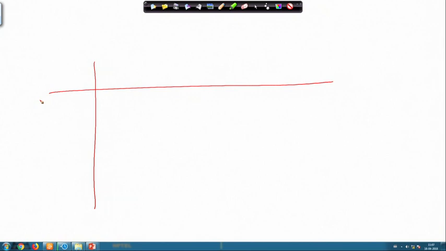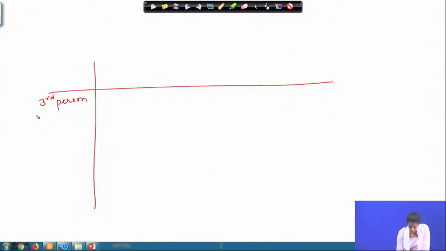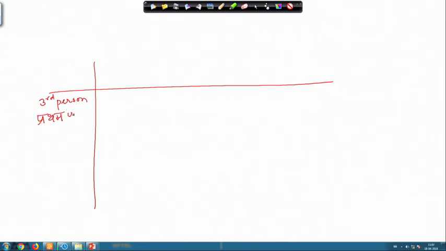So in Sanskrit, we start with the third person, which very paradoxically is actually called the Prathama Purusha. It's not, let's say, paradoxical. I'll try and just write that for you neatly once.